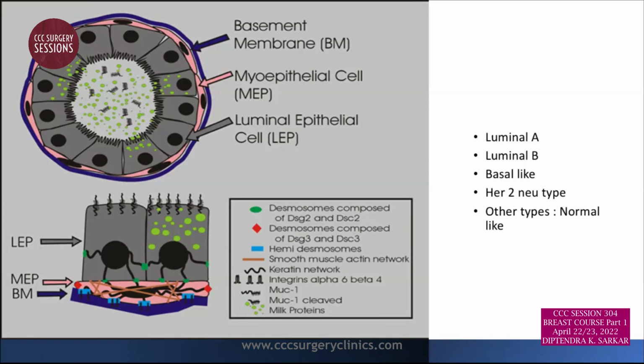It is also responsible for creating the basement membrane beneath it. And if they create the basement membrane beneath it, it works as a barrier and does not allow the spread of an in situ cancer to an invasive form. Only when the basement membrane breaks will it go inside. And this breaking of the basement membrane is being protected by these myoepithelial cells.